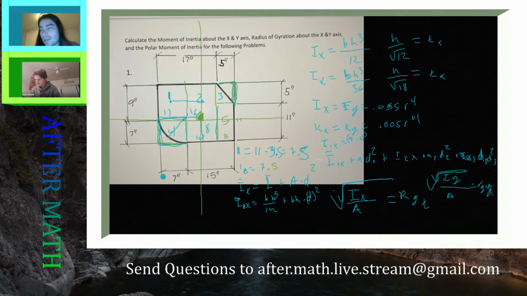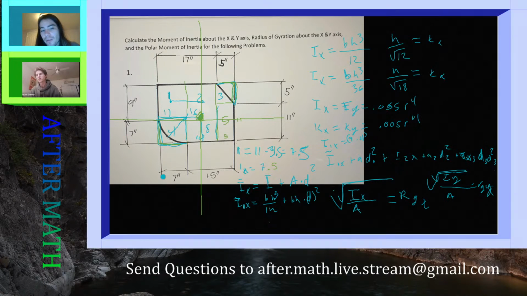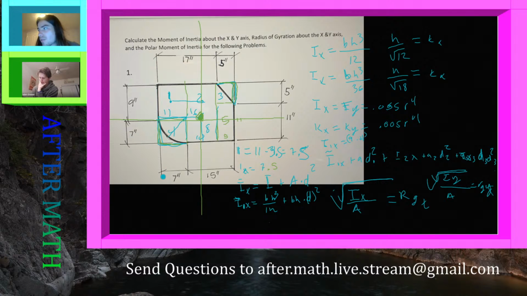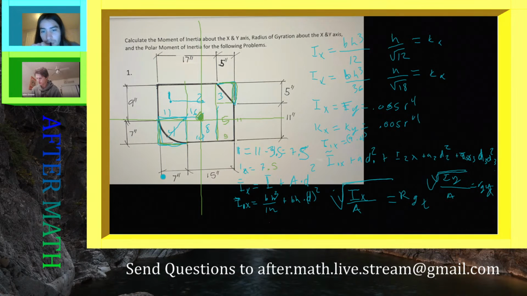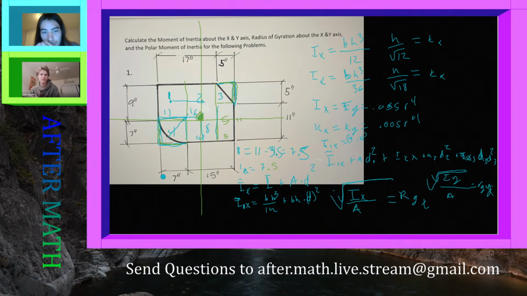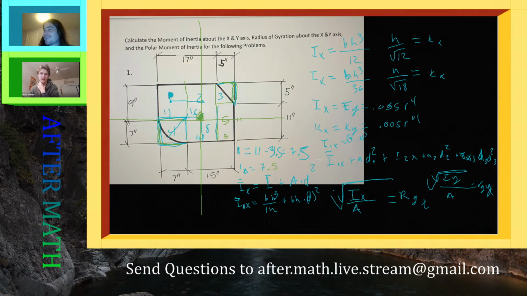And so I'm assuming from there, we just want to switch into polar coordinates with an r. So I have in my book here, the polar moment of inertia is equal to the moment of inertia on the x-axis plus the moment of inertia in the y-axis. Oh, never mind. Once you find your moment of inertia in both x and y, you can just add them together. Okay, that's a lot easier than what I thought.